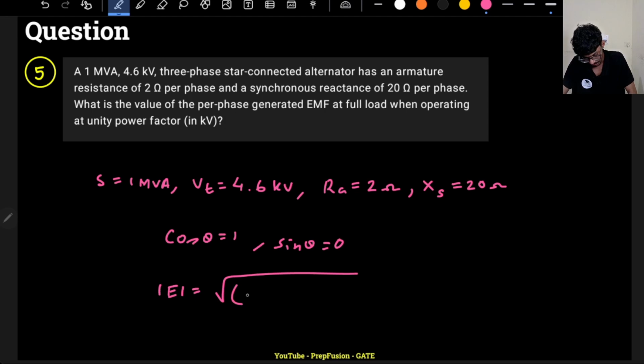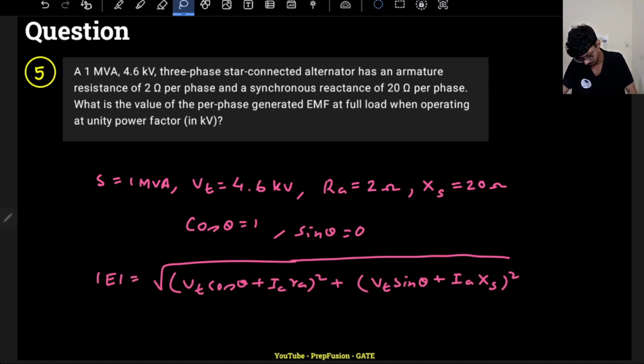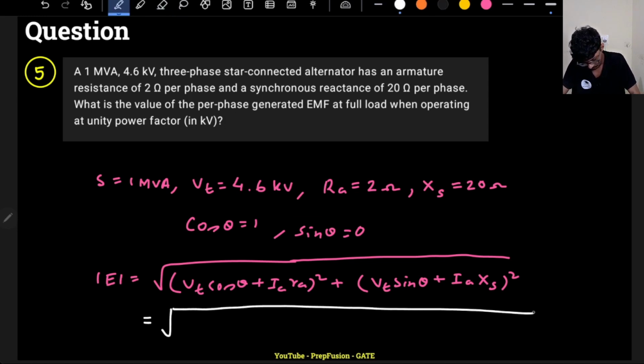I will use one formula: the square root of (Vt cos theta plus Ia Ra) whole square plus (Vt sin theta plus Ia Xs) whole square. So what is Vt basically? Vt is 4.6, sorry, this is star connected, right? So Vt will be 4.6 divided by root 3.